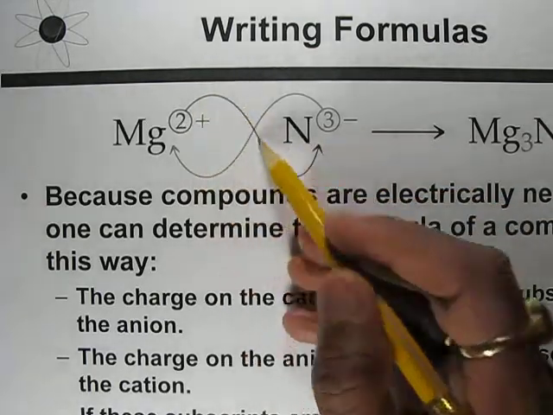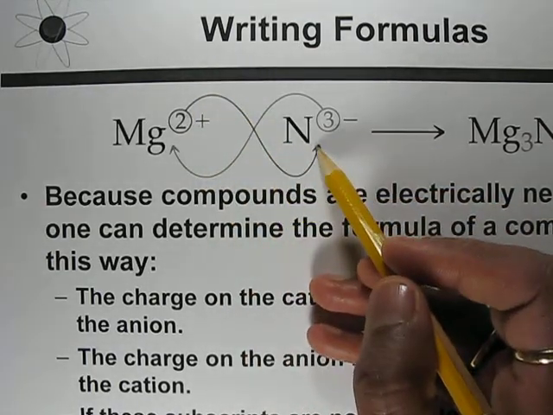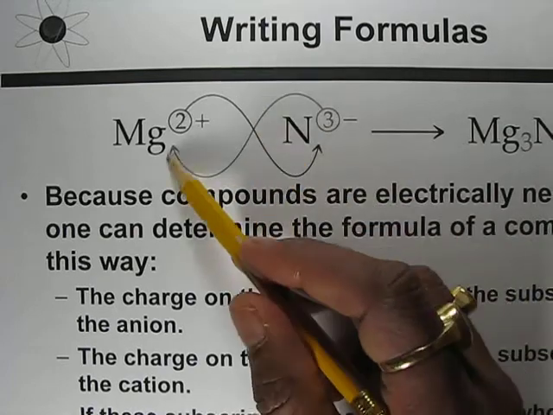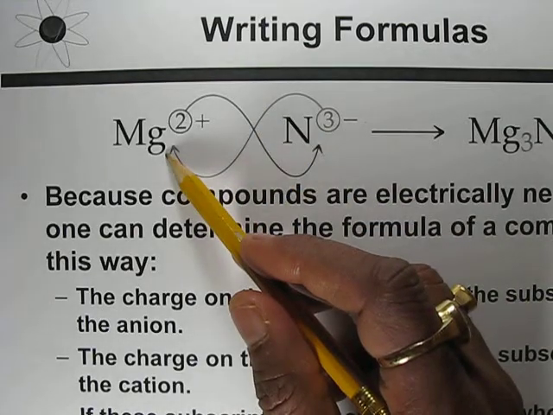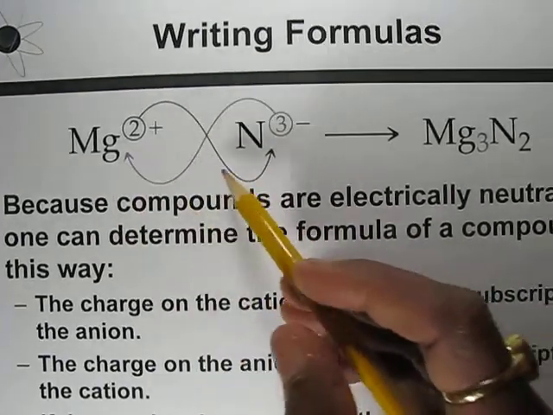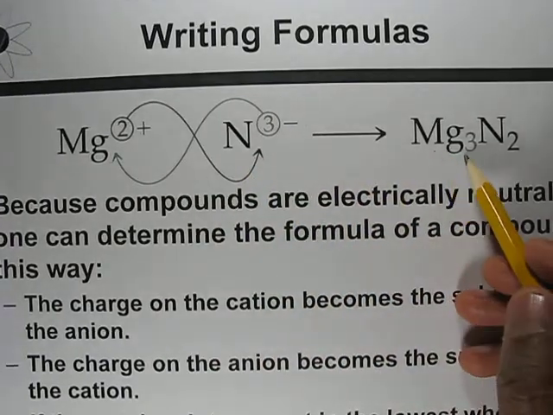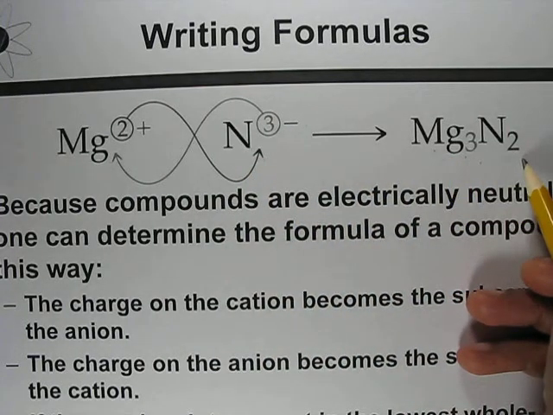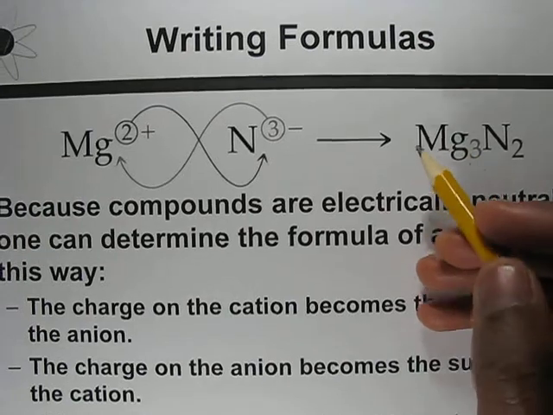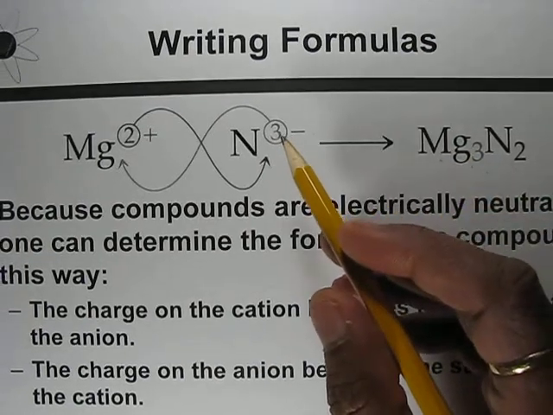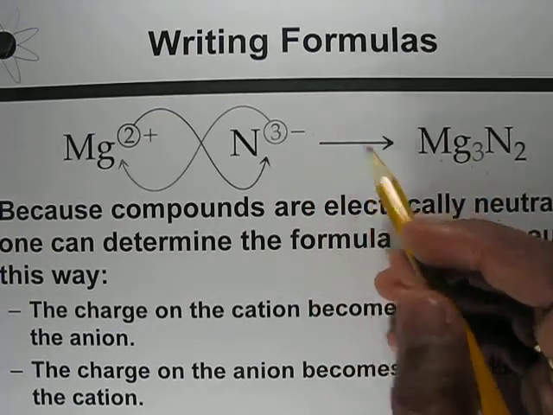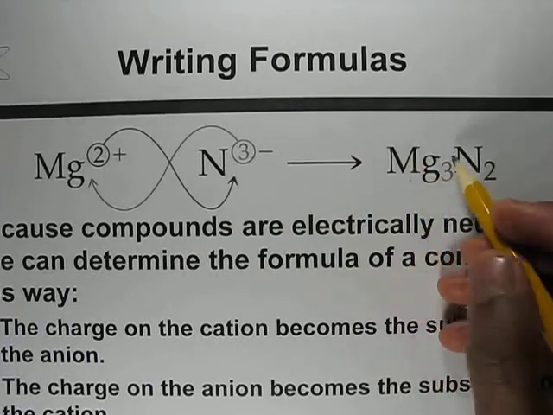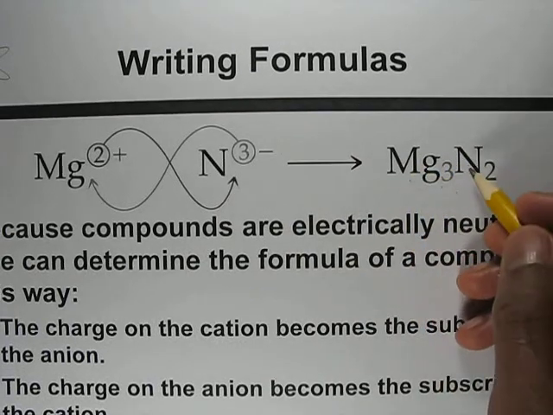This 2 will go at the end of the nitrogen, and this 3 will go after the magnesium. So how will we write the formula of this one? Mg3N2. This is the easiest way to write the ionic formula.